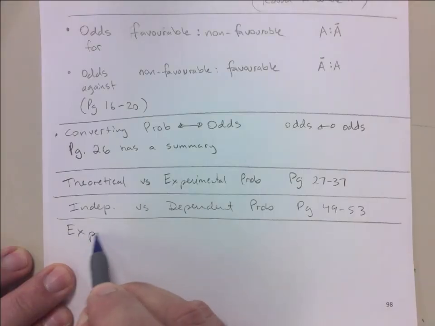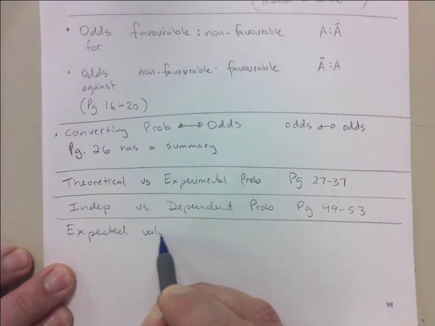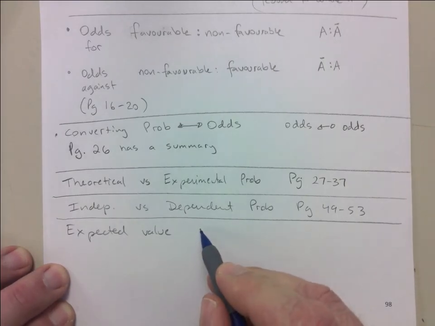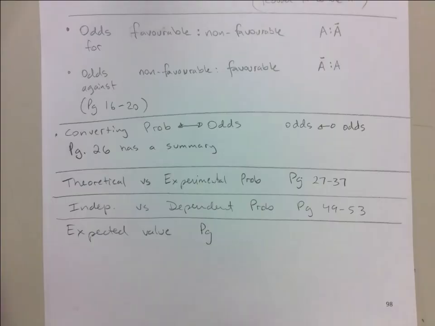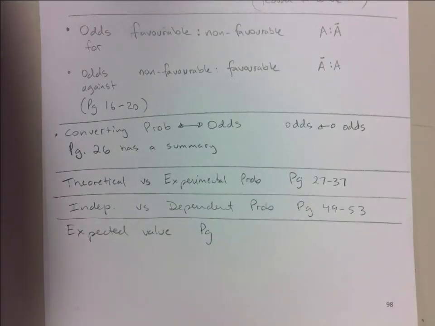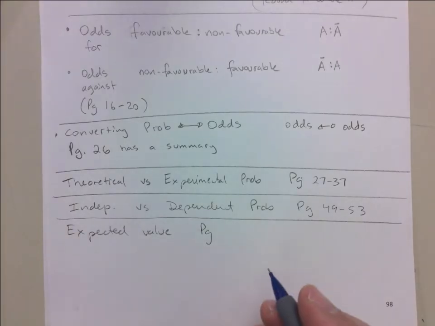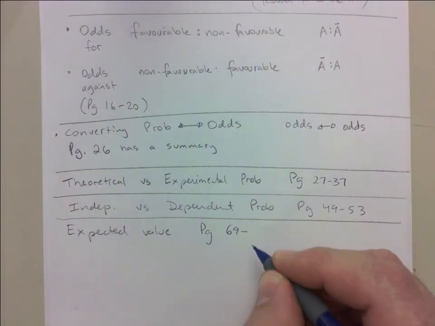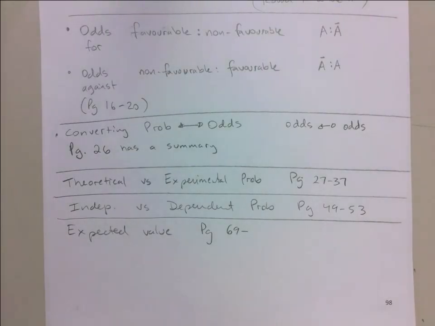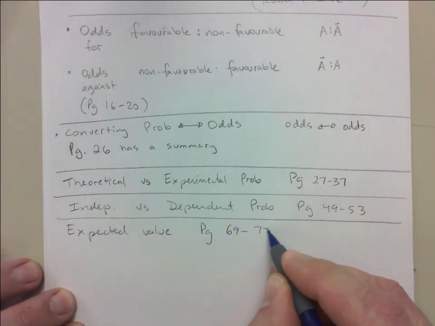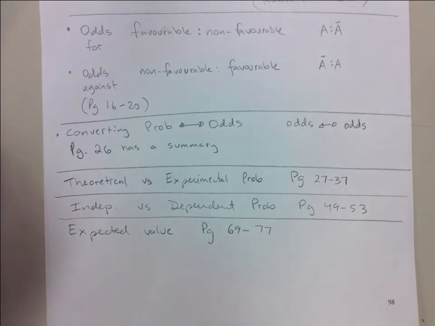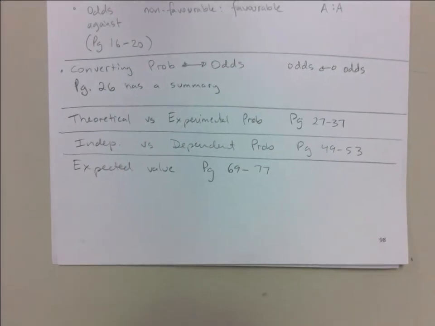Expected value. That would be pages 69 to 77, which has a whole bunch of expected value situations.